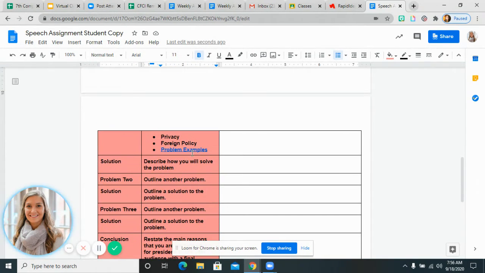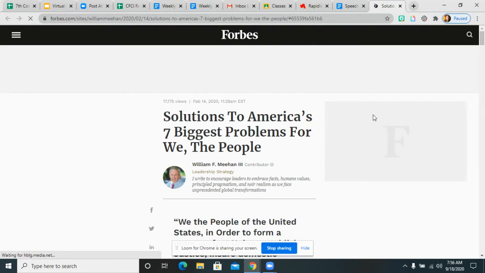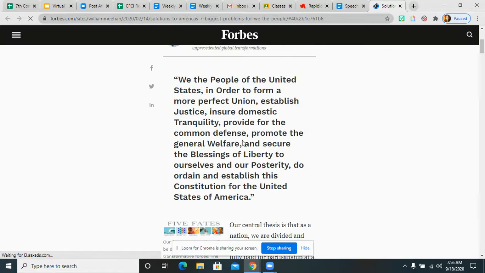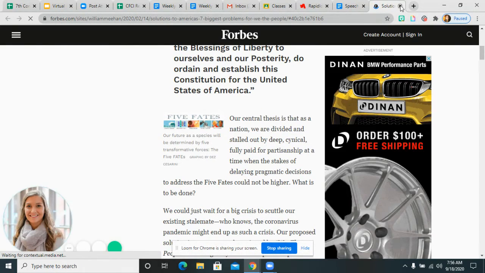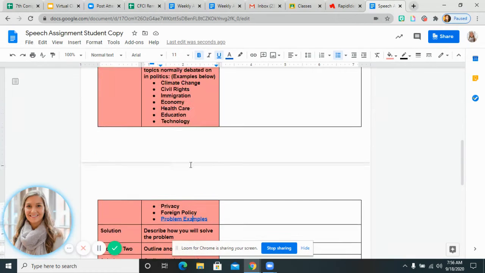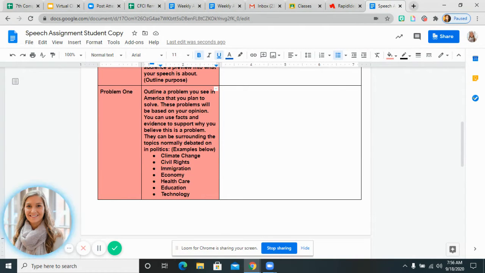So here are some problem examples. This is Forbes. This is an opinion piece that someone wrote of what they think is wrong with America and how to fix them. So if you're like, I don't know what the solutions would be to climate change, you can read that piece, or this is where the research part is going to come in.